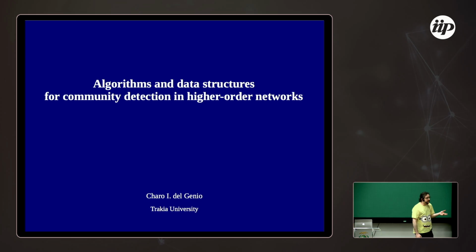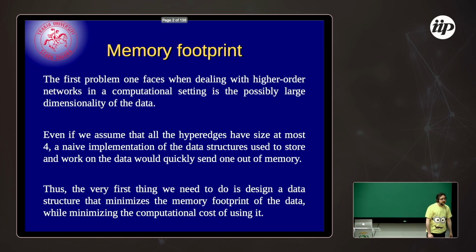Alternatively, you can store just the edges. But with higher order networks, if you try to store the whole of the information, so all the adjacency tensors for all the orders of interactions that you have, you end up very quickly in serious trouble.